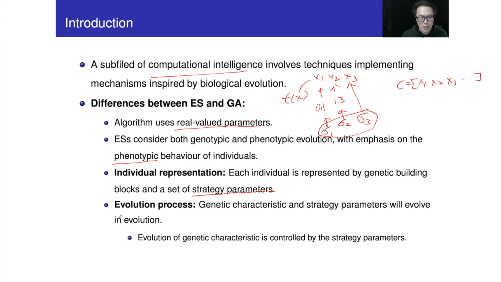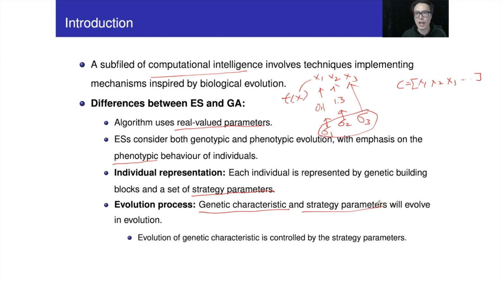Once we set up the decision variables, then in the evolution process we have some genetic characteristics. That means we have the crossover as well as the mutation. This is the genetic operation, and later on we will also apply this genetic operation to the strategy parameters as well.